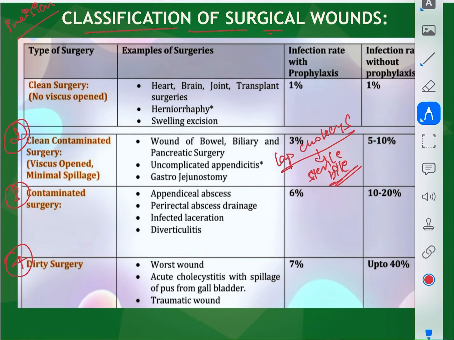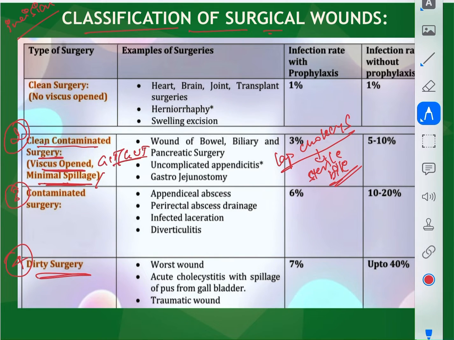This is a very easy and day-to-day example of clean contaminated surgery. The viscus is opened, the GIT or genitourinary tract, whichever you are operating on, but the spillage is minimal, and whatever is getting spilled is not as contaminated as in a dirty surgery.